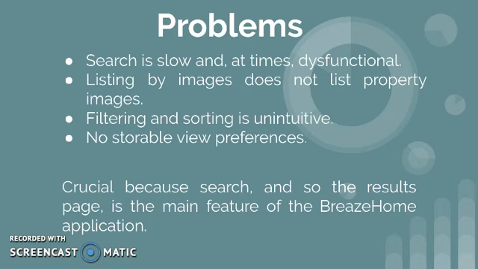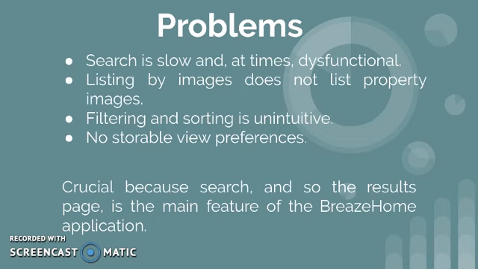The current problems that the present application has are that the search is slow when putting in a query, sometimes completely dysfunctional. The listing by images does not list the actual property images that it has. It just lists a stock photo. Both the filtering and the sorting that come up on the search data are unintuitive.